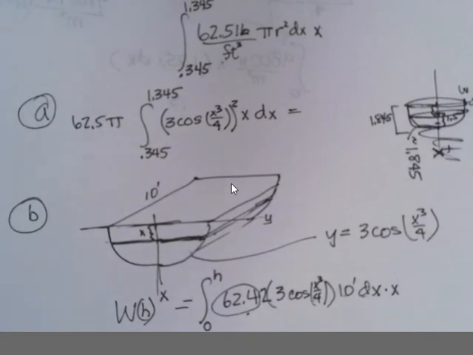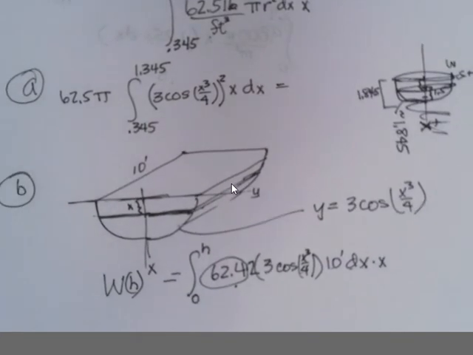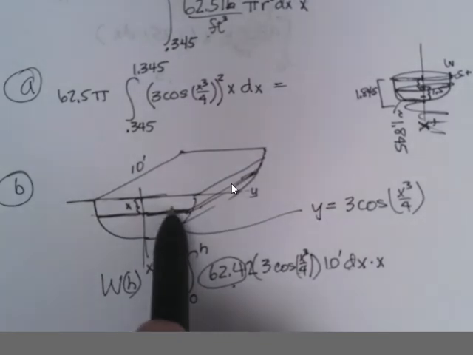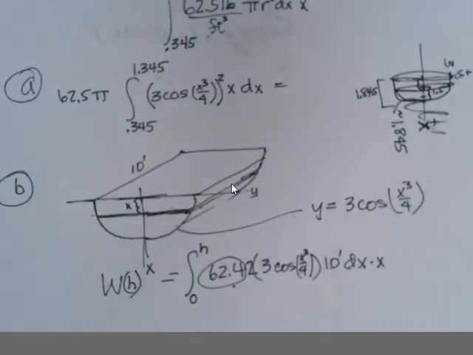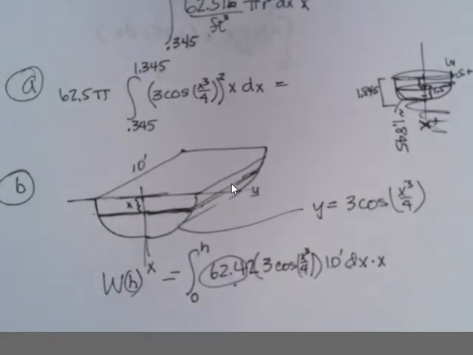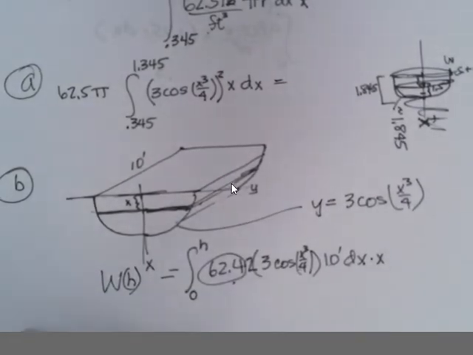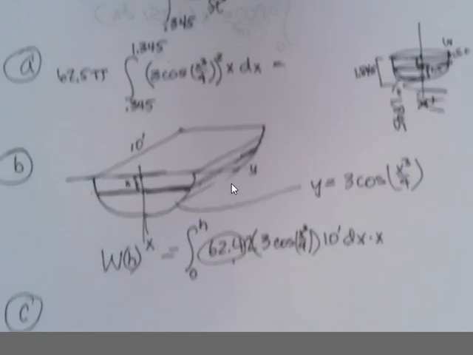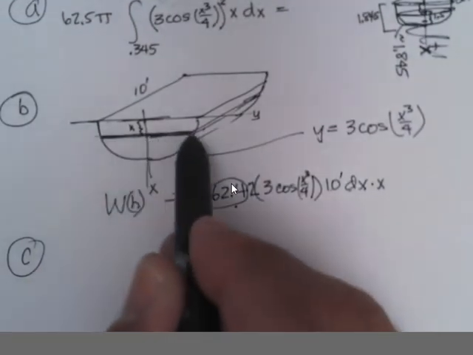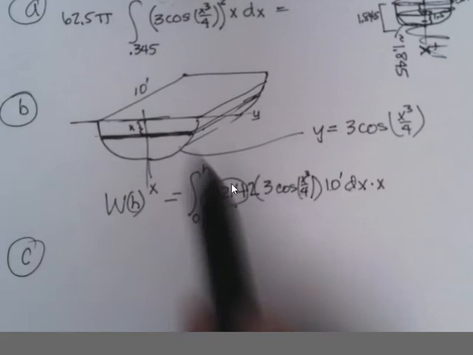Okay. C. Suppose the tank in part B is completely filled with water. Find the total force due to hydrostatic pressure on this end. Okay, so to do that, we're going to take just a slice. We're going to see what the pressure is on there.